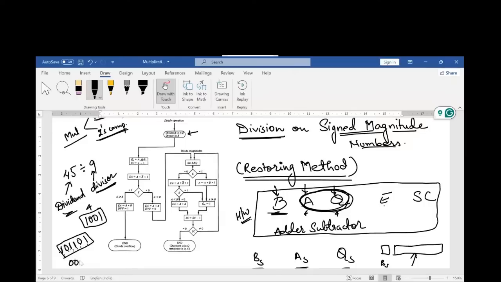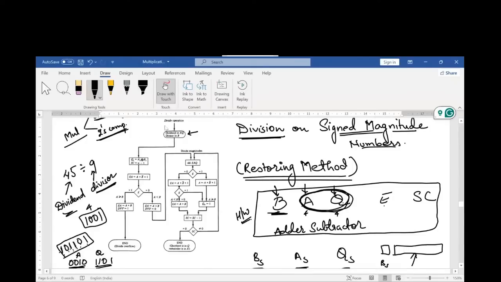Now let us quickly write this: 1, 0 and 1, 1, 0, 1. This part would be in A and this part would be in Q. This is how you will be writing the values of your dividend and divisor in AQ and B respectively. If you start it off wrong, the entire algorithm would go wrong, so make sure that you place the number of zeros properly.